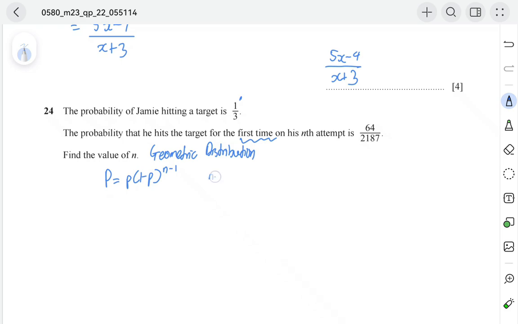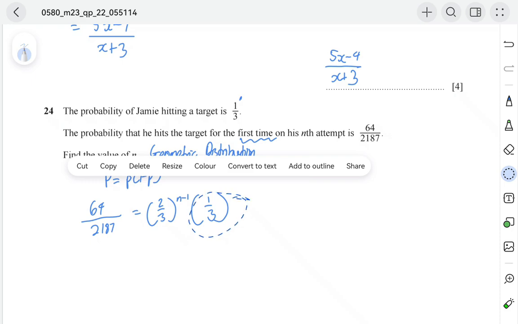Because for all those tries, he fails, so it's failure times failure all the way until the last trial where he succeeds. So this is the formula for geometric distribution. We know the probability is given to us: 64 over 2,187 equals 2 over 3 to the n minus 1 times 1 over 3.